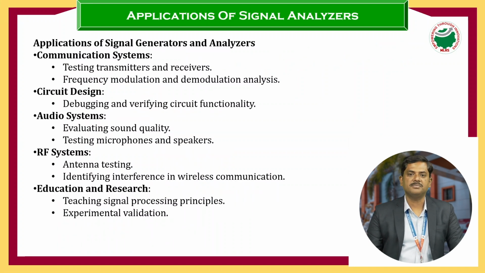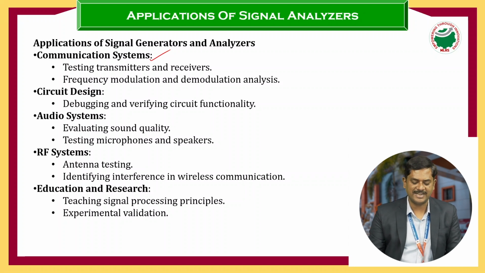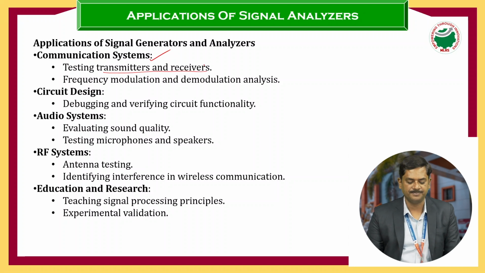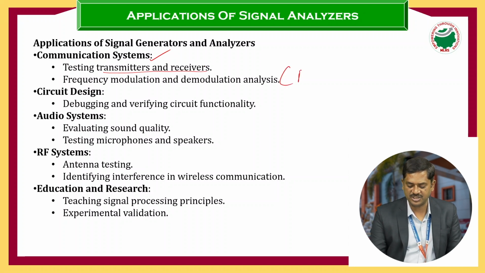Coming to the application part of signal analyzers. All communication systems are basically a transmitter and a receiver. In order to test these transmitters and receivers, we require signal analyzers. We also use them to analyze modulation techniques such as AM, FM, PCM, and the other techniques.